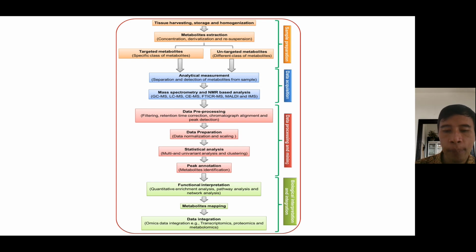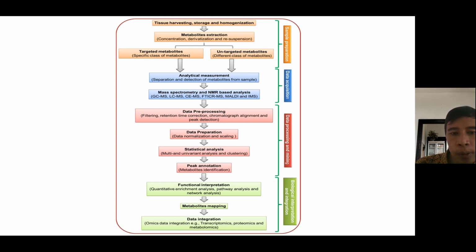Before you directly process the data obtained from your measurement, using whatever technology you use, you need to pre-process your data, including filtering, to separate uncommon or unusual data. You also need to calculate the retention time correction, for example, align the chromatograms or the graphs you obtain, and detect the peak of each chromatogram.